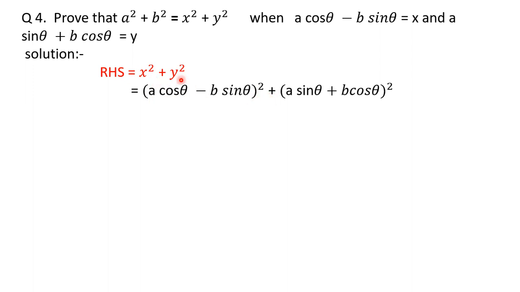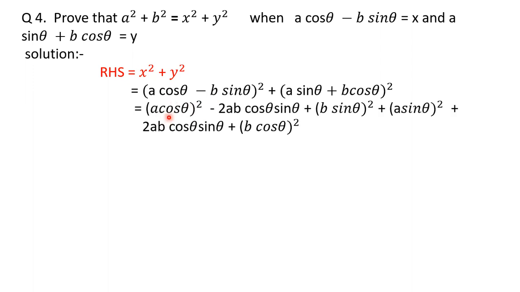Similarly, the value of y is given as a sin theta plus b cos theta, so we can put the value, and that is whole square. Now here it is a minus b whole square and the second term is a plus b whole square. Now open the brackets using the identity. A minus b whole square is equal to a square minus 2ab plus b square.